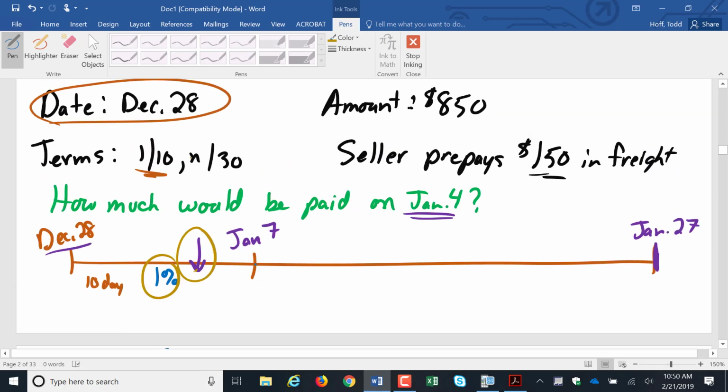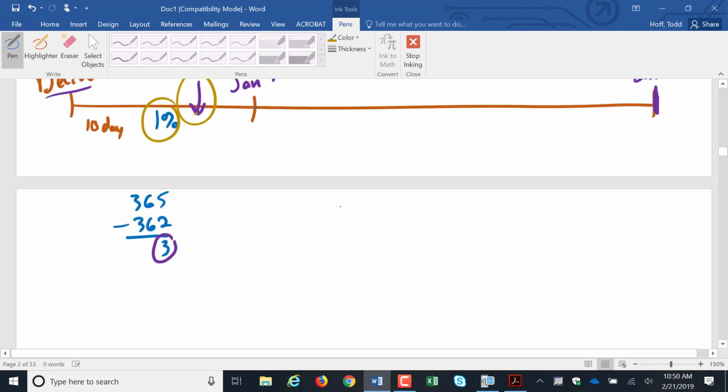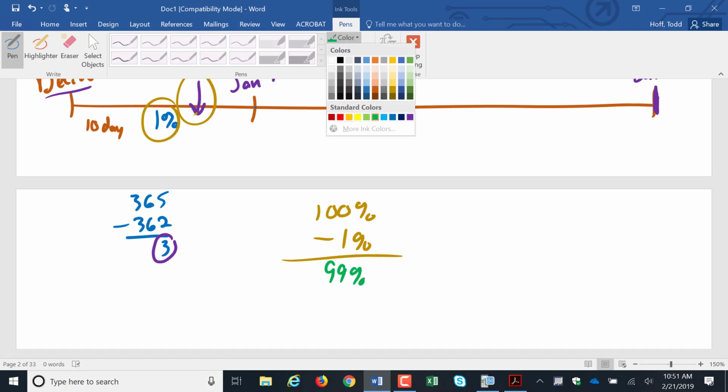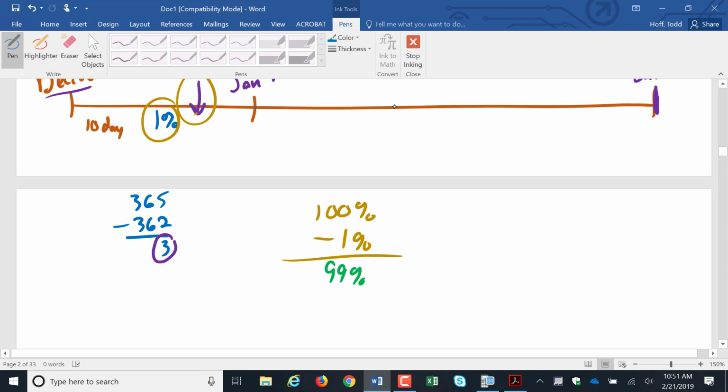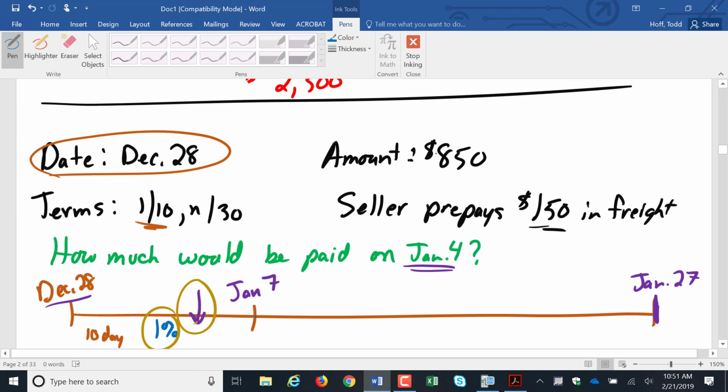Here's where you have to be careful. 1% discount, remember we use the complement. 100%, which is the whole amount, that's the whole invoice in this case, minus 1% gives us 99%. So we're going to pay 99%. Common mistake that's made here is they add in the freight to the invoice, the $850 plus the $150 to $1,000.